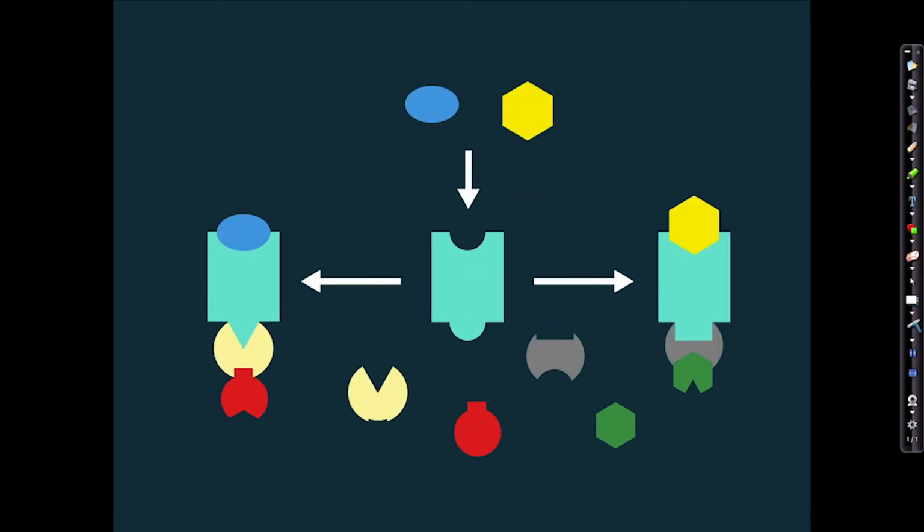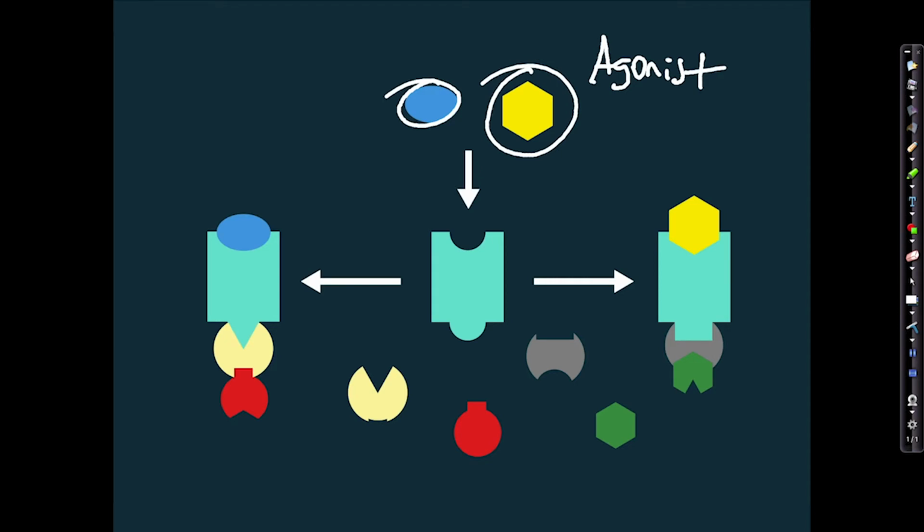So we'll forget about antagonism completely now, where this is purely talking about agonism. So we've got here two different agonists. We've got this blue one, this kind of ovoid shaped agonist here, and we've got this hexagonal one. These are both agonists. In other words, they both activate the receptor. However, what's different?